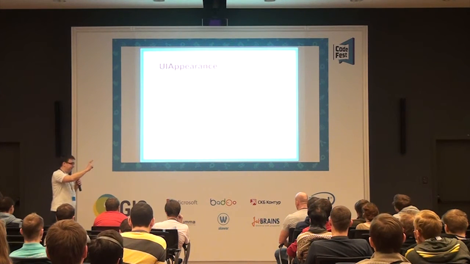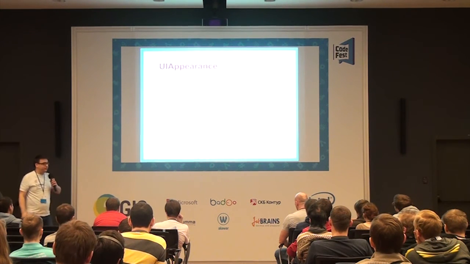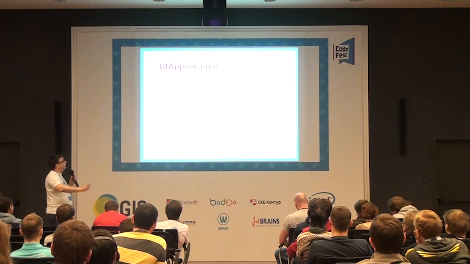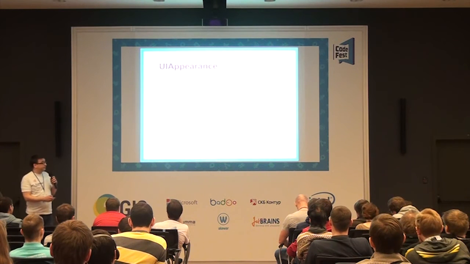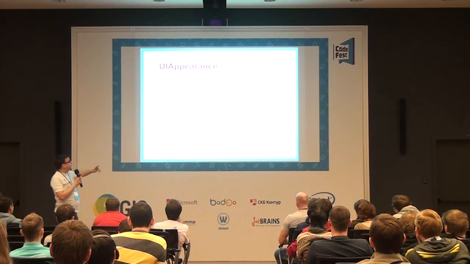But there's a downside to it. Some things you can't do with UI appearance. For example, setting a text style to a button. This is really a pain. But there's a solution for that, and it's called UI appearance selector.